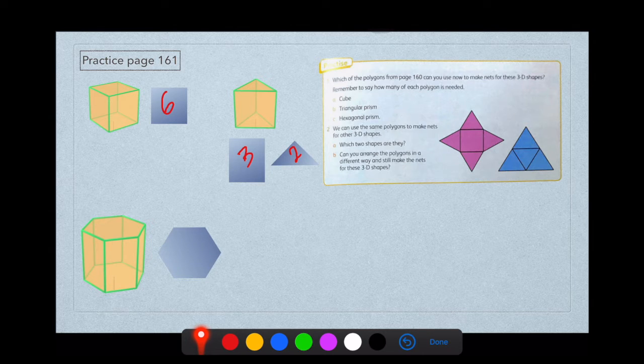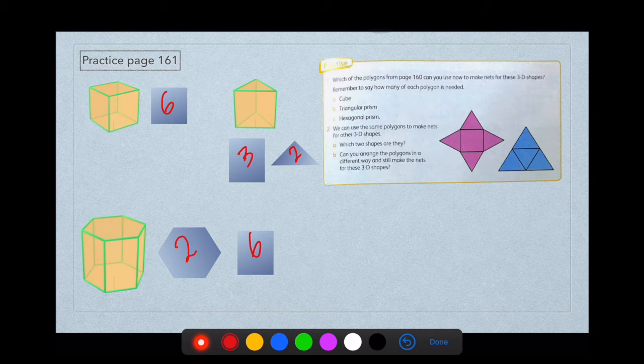So we will have 2 hexagons, and following that, we have some rectangles. So can you please count how many rectangles we have here? Well, yes, we have 6 rectangles.